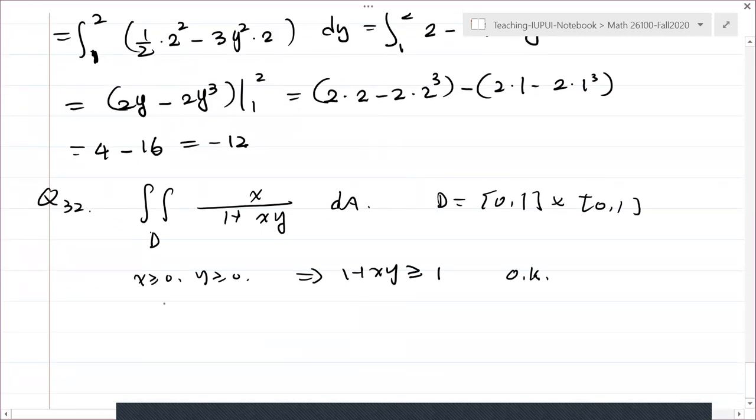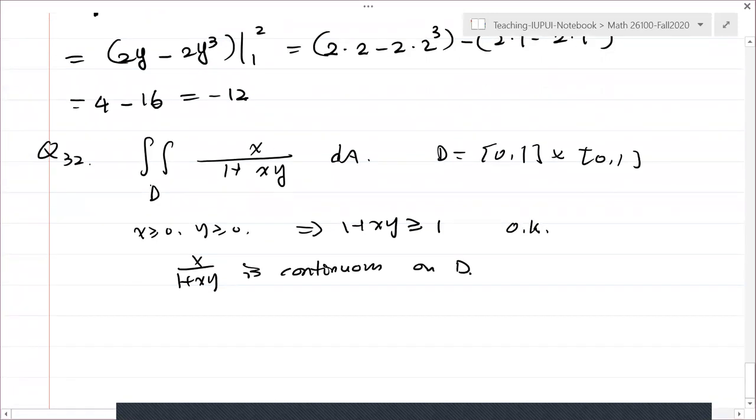So that means this function is continuous on D. Okay, so that means you can apply Fubini's theorem to solve the problem. Sometimes you don't need to mention that always.